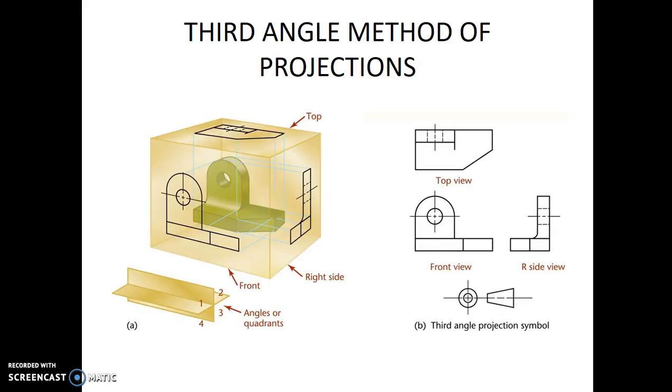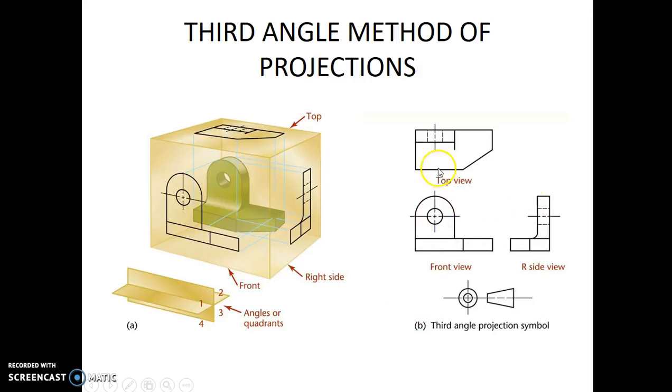In this slide, we see the third angle method of projection. In this view, the projection plane is in between the observer and the object. Accordingly, we get the front view here, top view here, and the right hand side view on the right side of the front view.